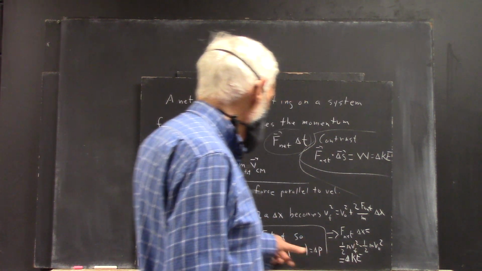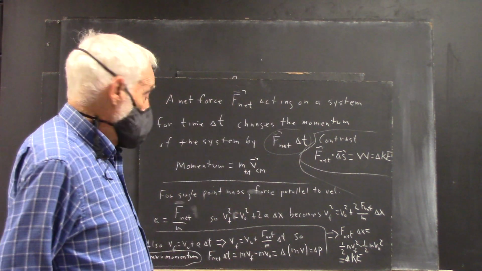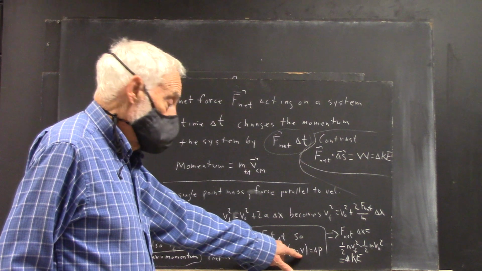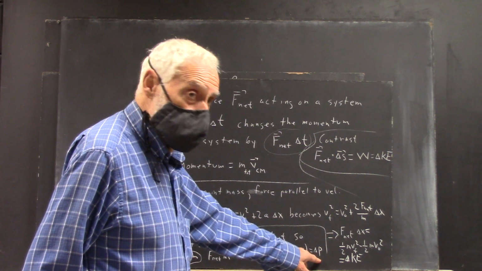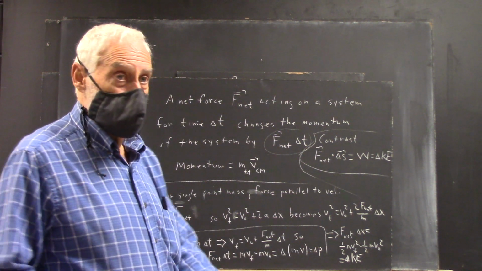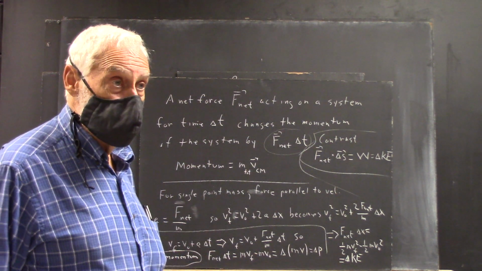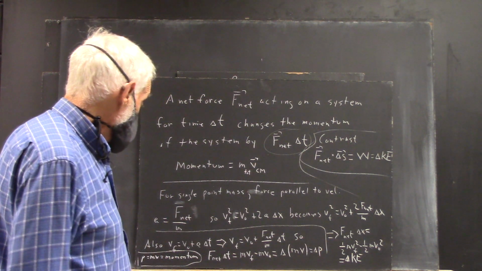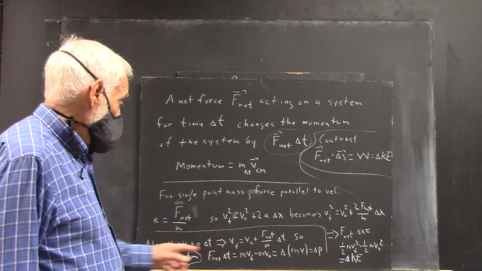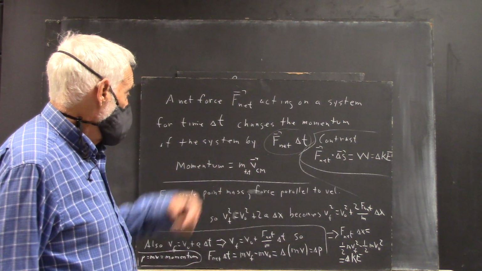Now this extends to multiple dimensions. V becomes a vector, and P becomes a vector. You're going to have X, Y, and Z components if you're in 3 dimensions. So that momentum, as we see, is this.